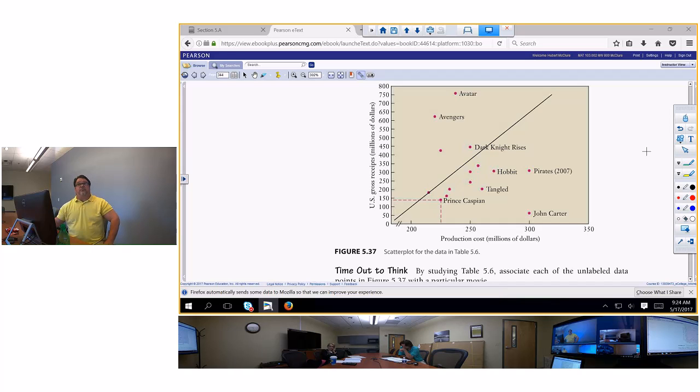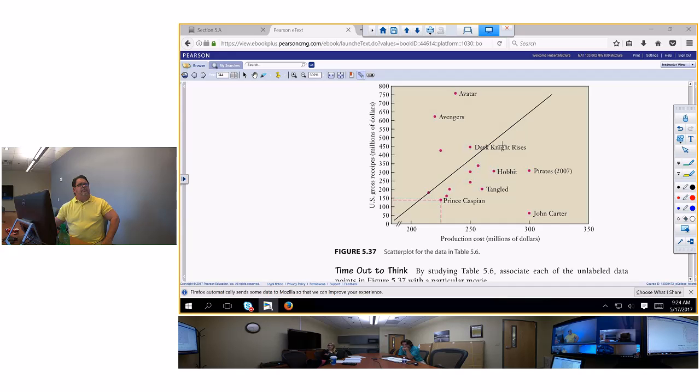Now, there's a formula called least squares regression that you can actually use to find the distance between each one and divide that distance. We're not going to go into that. You just need to eyeball it. Now, you got a bunch of them right here, and I don't even know what we're looking at. It looks like movies. But you got a bunch of them clumped right in here.